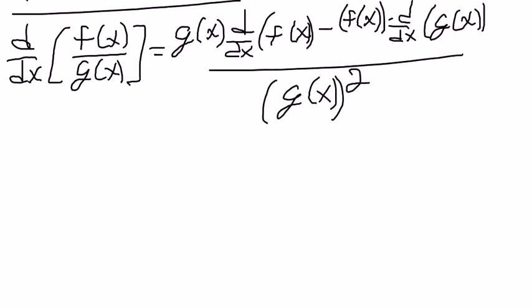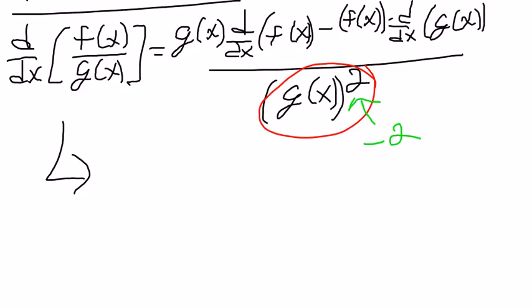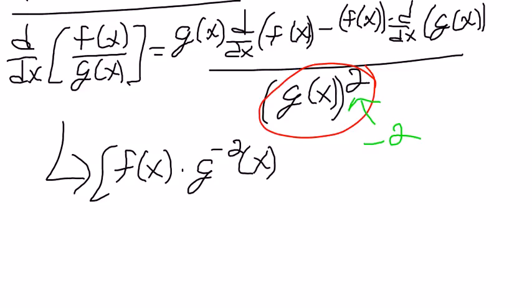And the other way you could do this is that you could take this right here and bring it up to your numerator by making this 2 a negative 2. So what that does is it inverts. You're just writing it like this: f of x times g of x to the negative 2, that type of thing.